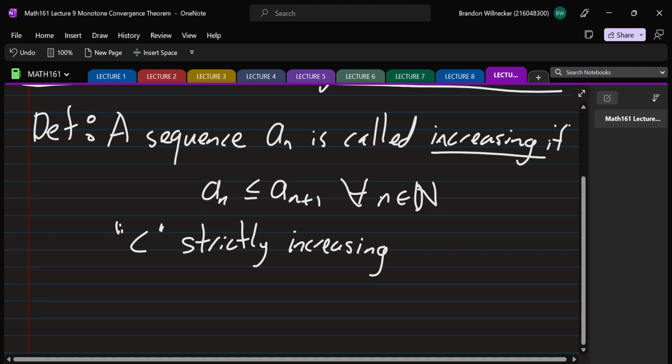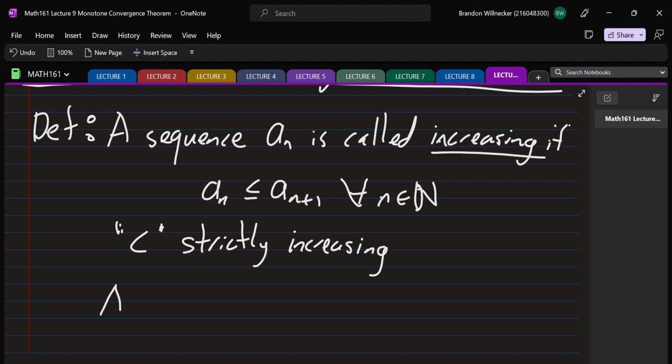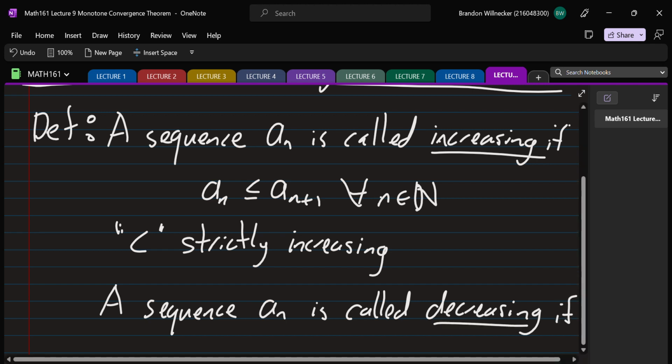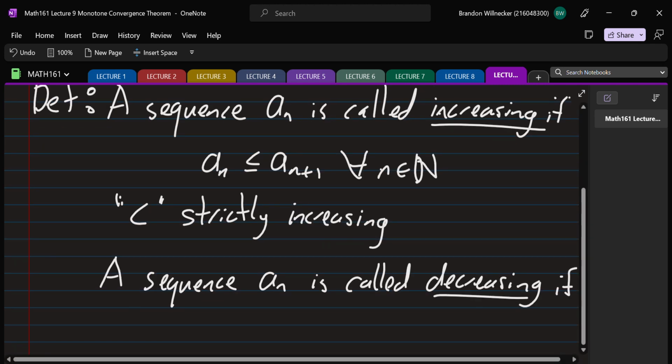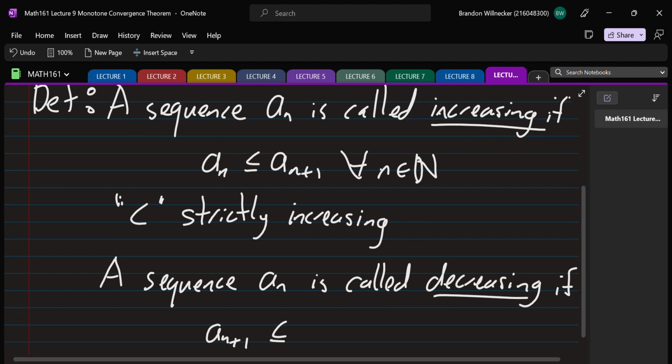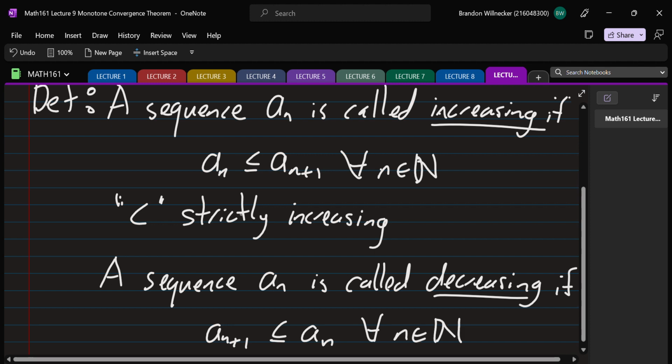Decreasing is fairly similar. A sequence a_n is called decreasing if, and I'm sure you can guess what that's going to be, a_(n+1) is less than or equal to a_n, again for all natural numbers.